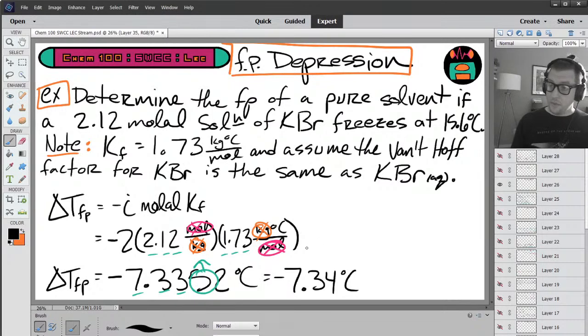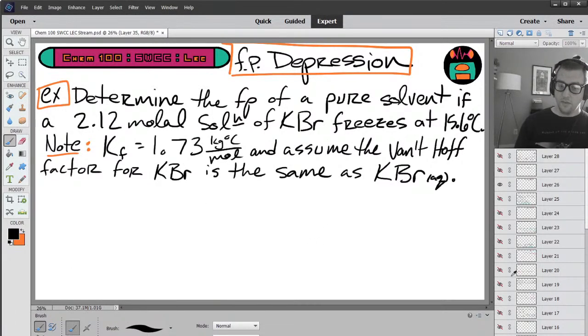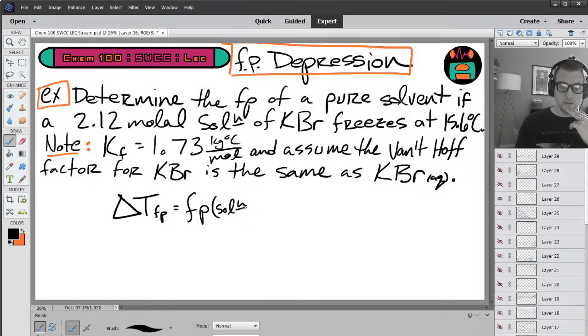All right, now that we know our change in freezing point, we can use this to solve for the freezing point of the pure solvent, because the change in freezing point is equal to the freezing point of the solution minus the freezing point of the solvent.